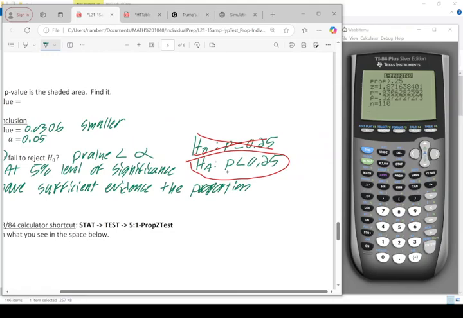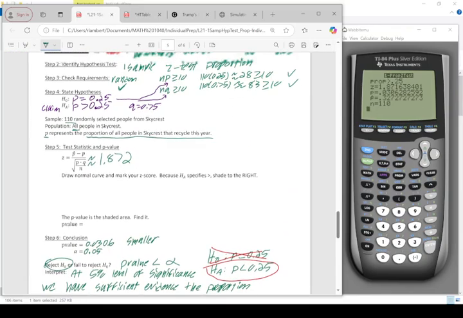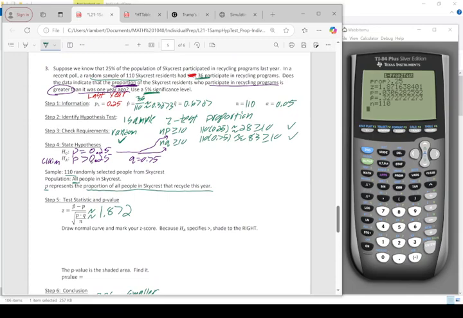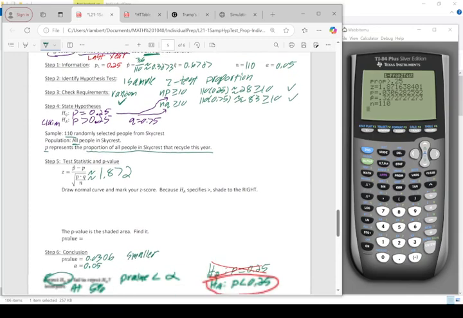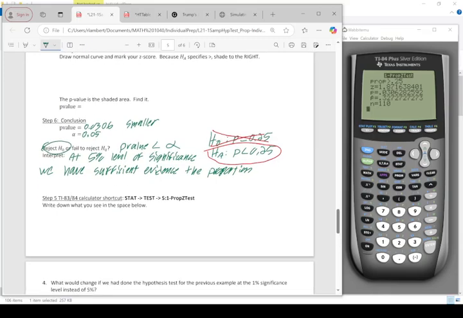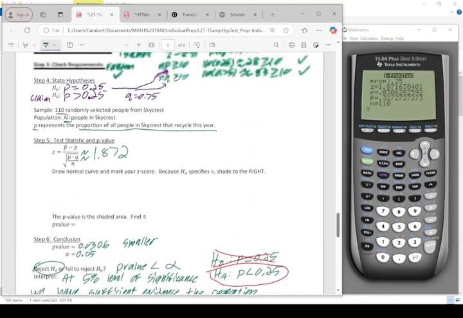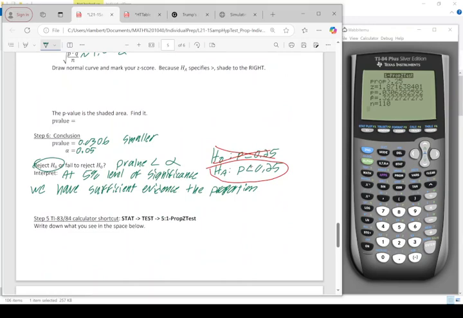What does P represent here? If you forgot, let's refer back. We're talking about the proportion of people in Skycrest that recycle now. I wrote this wrong. It's greater than. That's what we had before.